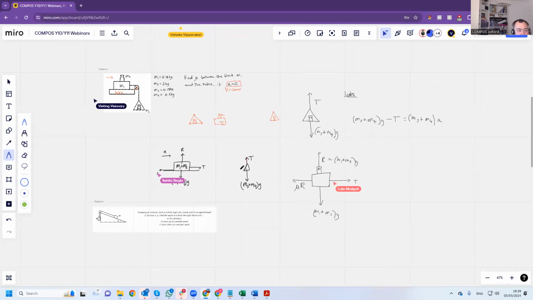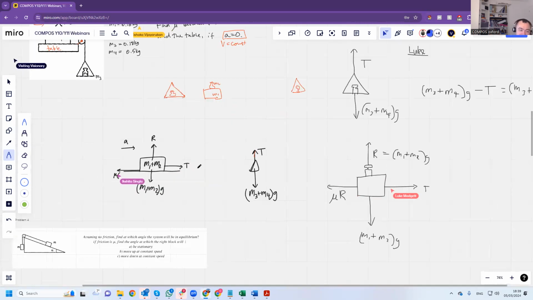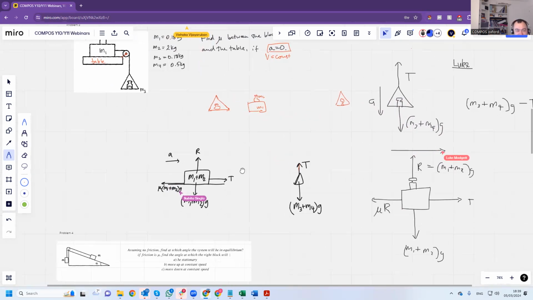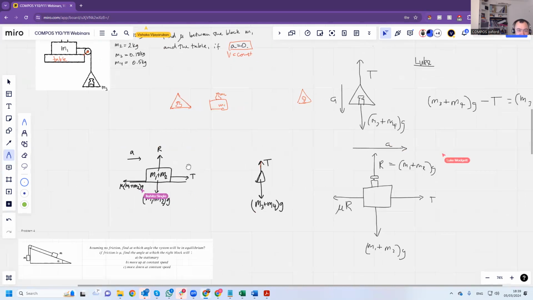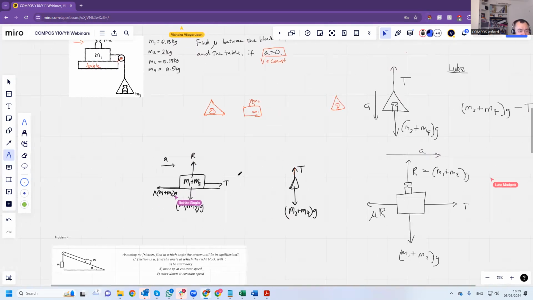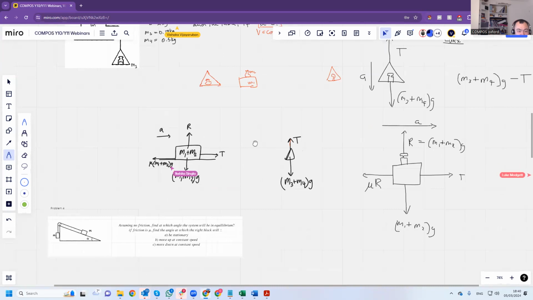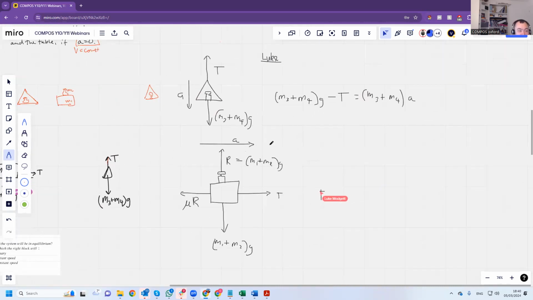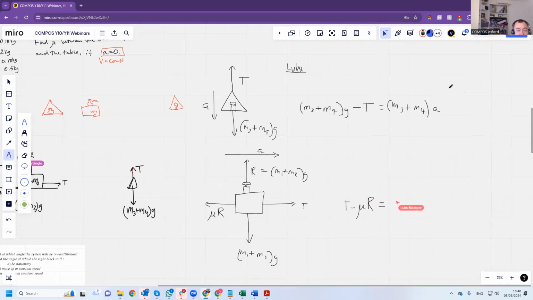Yes. And because it is moving, we know that it is very good. Yeah, well done, Luke. That definitely is correct. So we can write M3 minus T is equal to, yeah, but acceleration is 0, so you can say that tension is that force.